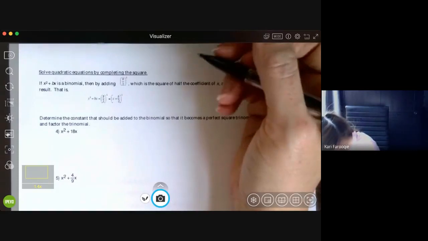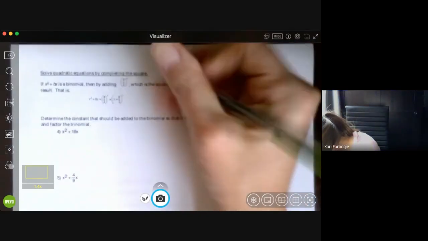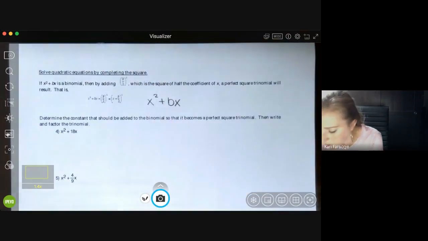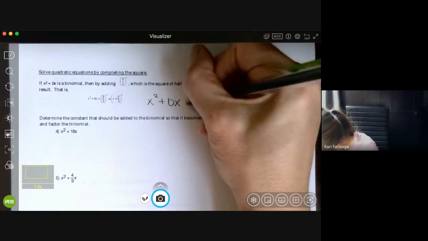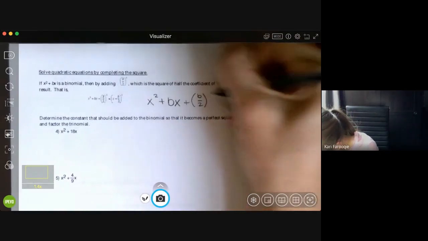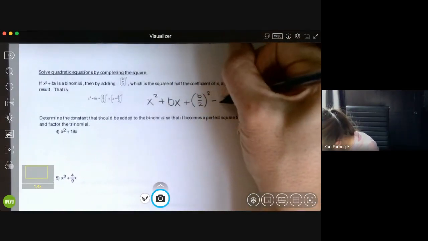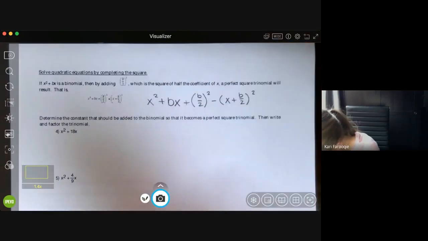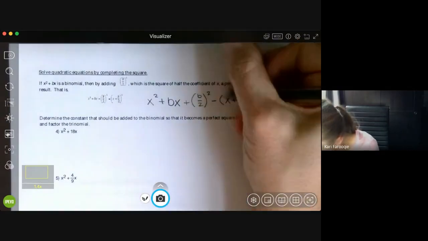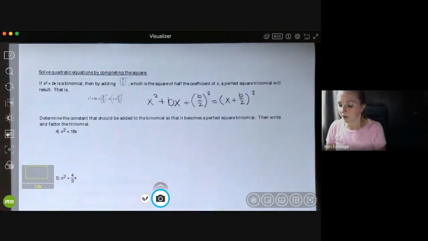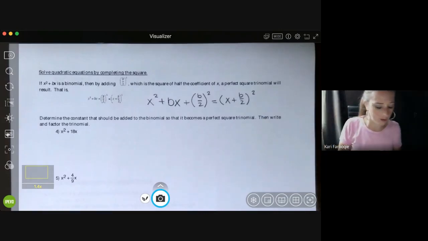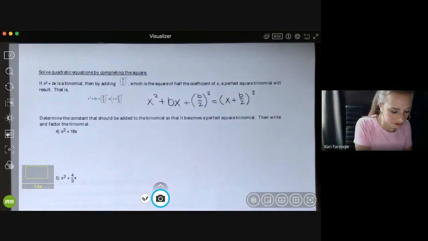That is, and this is so small, I'm going to attempt to make this bigger for you. x squared plus bx plus half of b squared equals x plus b over 2 squared. Oh, not minus, equals. Sorry, equals. I'm going to make a big strong note on here to fix this.